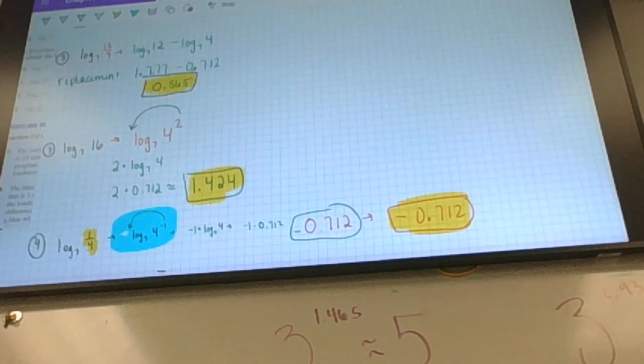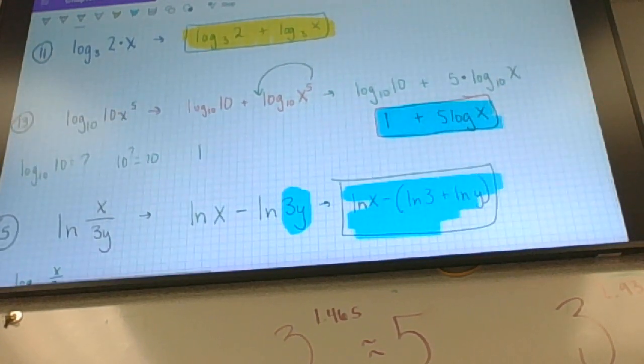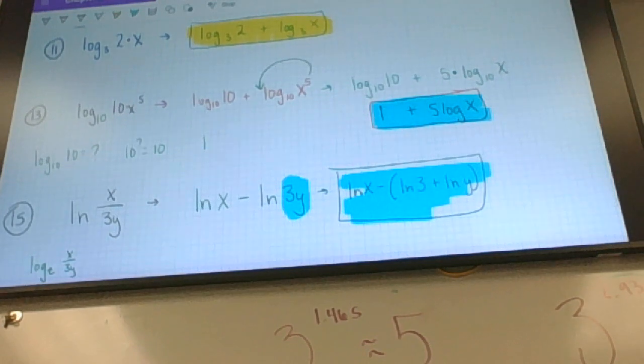I don't have. And I'm gonna scroll lower so you guys can see some more. There's 11, 13, and 15. I must survive. Hold on.